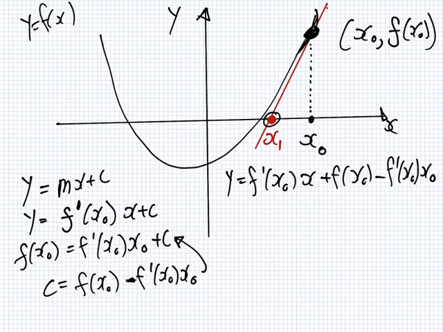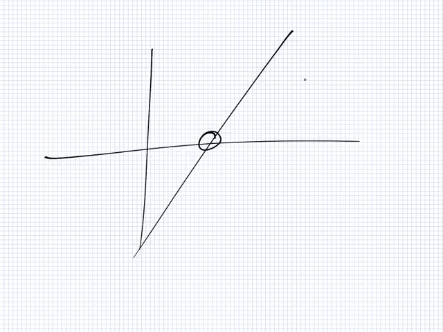Now, how can I find x1? I know the tangent line, so how can I find x1? How do I find this point if I know the line?